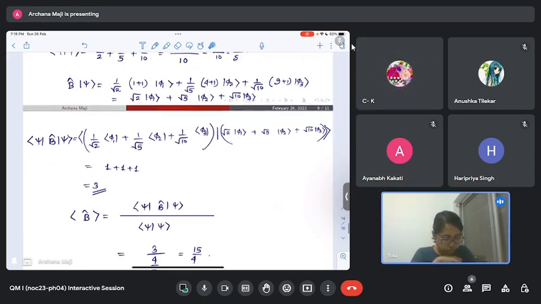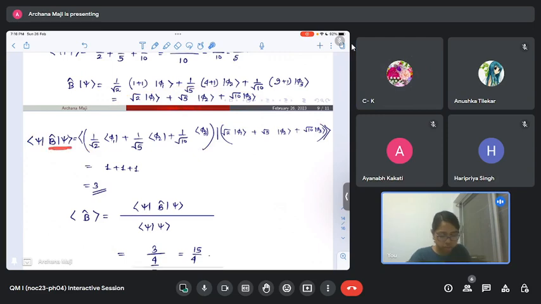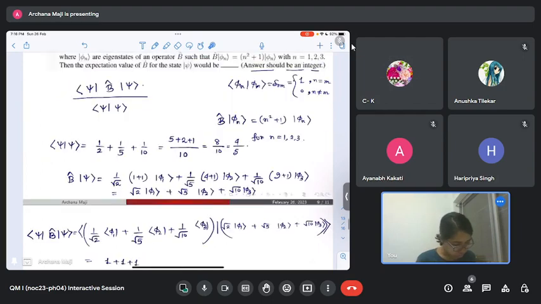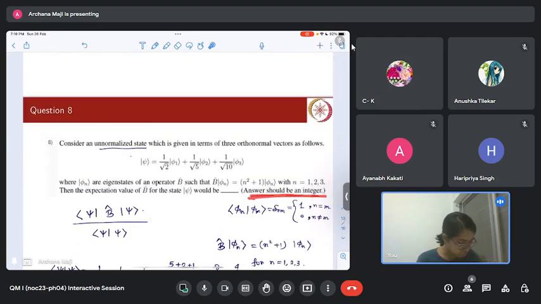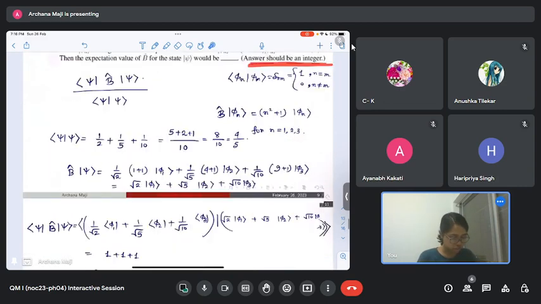No, what we are doing is, B psi ket, we got this, that we have replaced here, and this is nothing but the state psi, not B acting on psi. Okay. Yeah, because B has already acted on this ket vector psi, and this dual vector we are writing as it is. Okay. Yeah, I don't know then why this question says answer should be an integer. Okay, I will check with the instructor maybe.